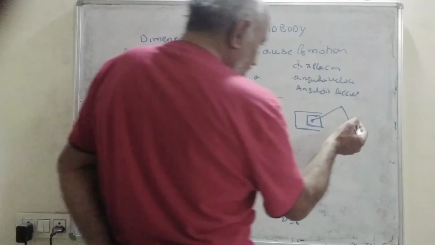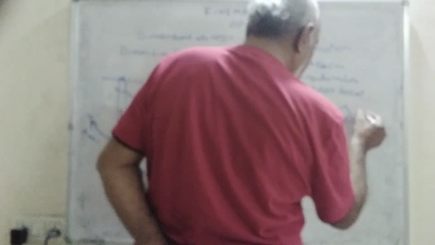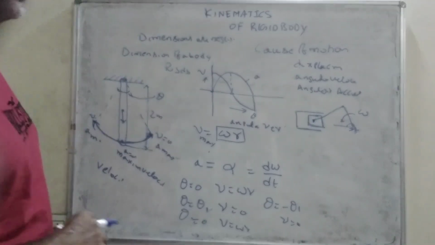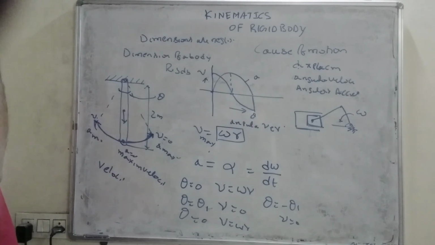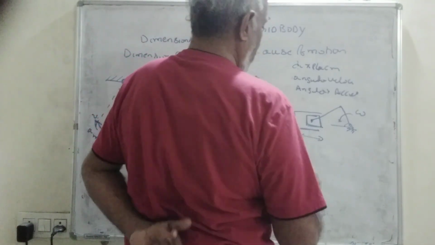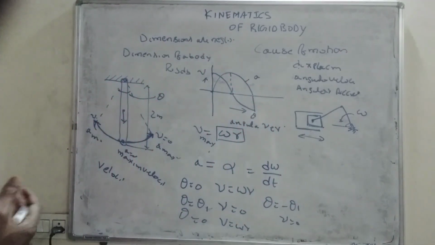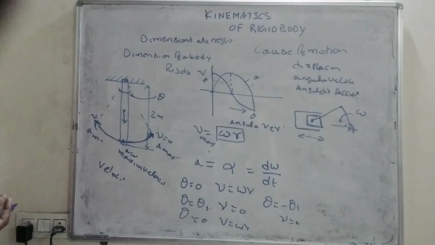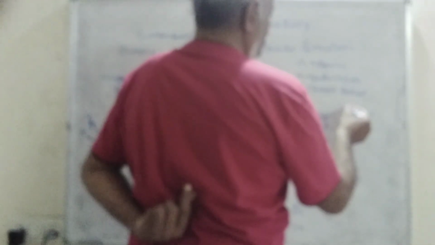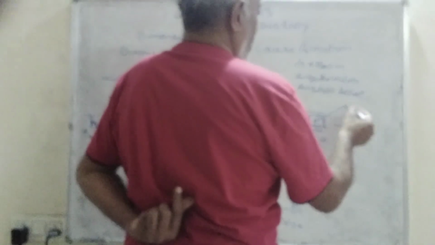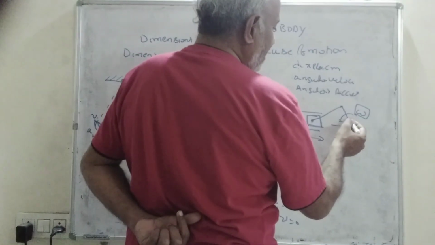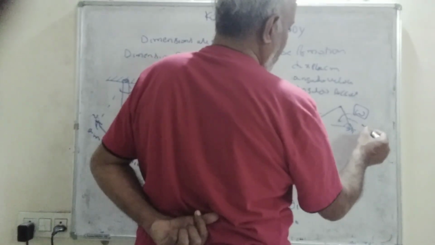Now, this crank is rotating with omega in the anti-clockwise direction. This piston is moving to and fro. Now, the problem of kinematics is this: because it has uniform angular velocity, the angular acceleration of this crank is 0, alpha is equal to 0.